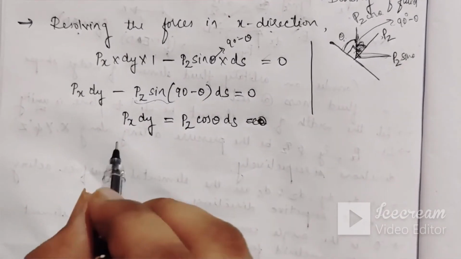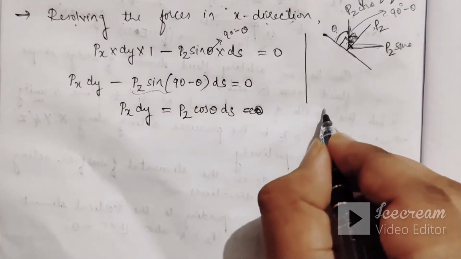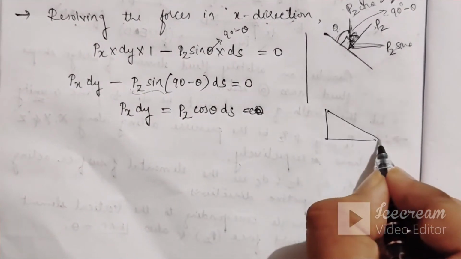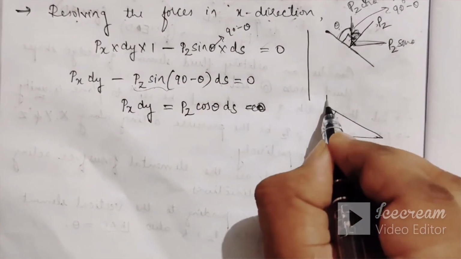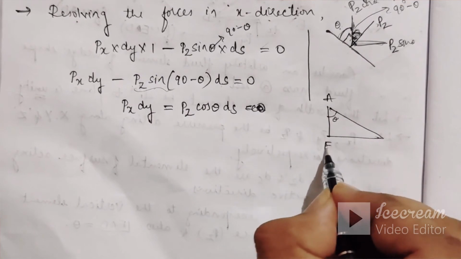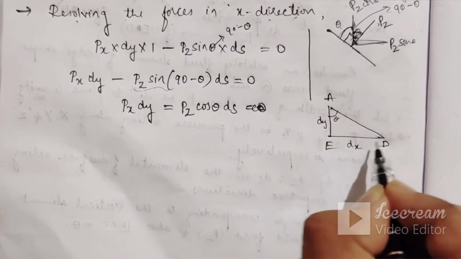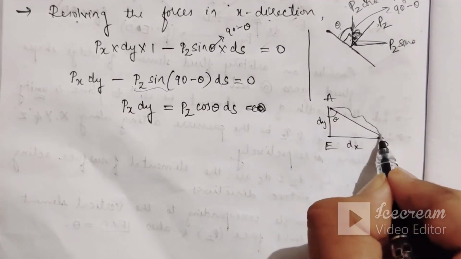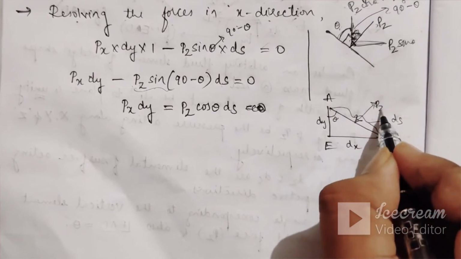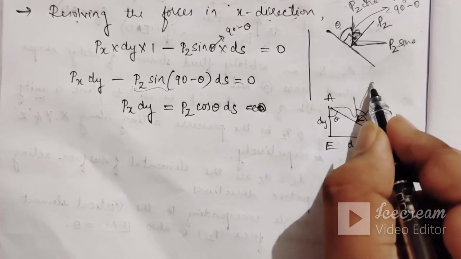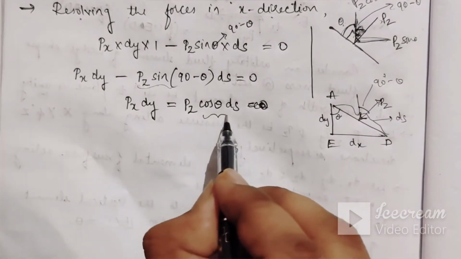That's it. Now this is the wedge element. This is theta, A, E, D, this is dy, and this is dx, this is ds, here the pz is acting, so this is 90 degree minus theta. Now I want to make this term.